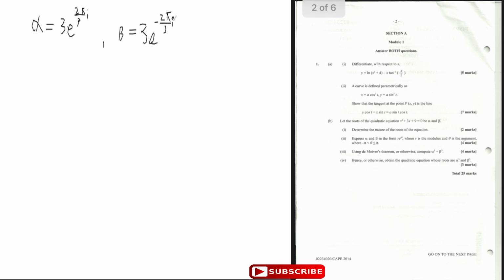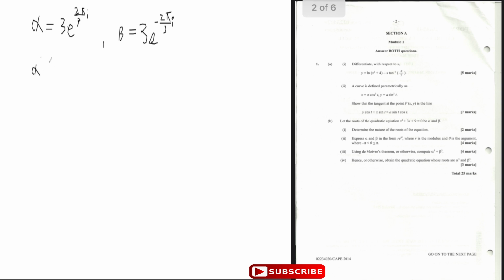Now it says, using De Moivre's theorem or otherwise, compute the value of alpha cube plus beta cube. Which one do we want to go with? Let's go with otherwise.